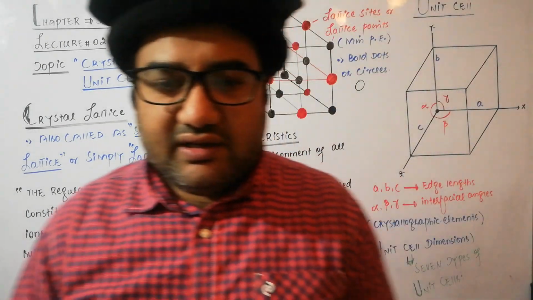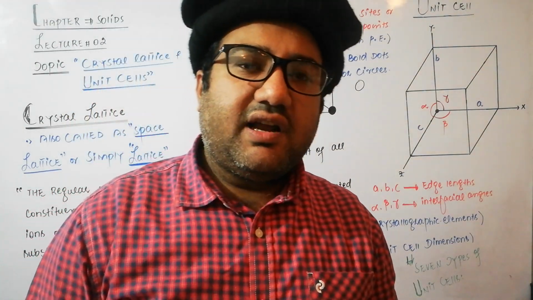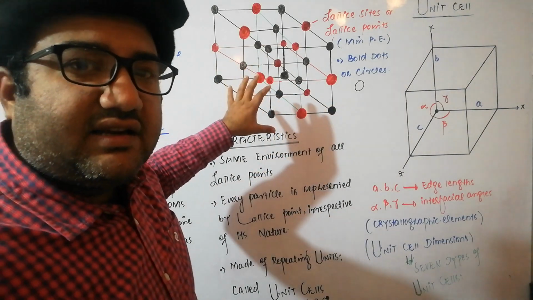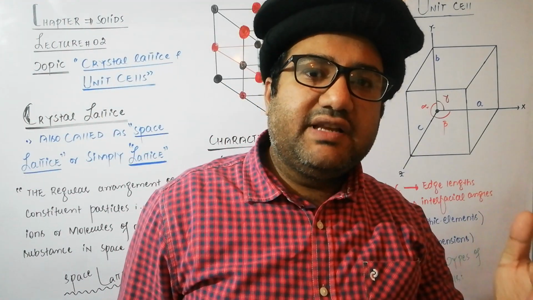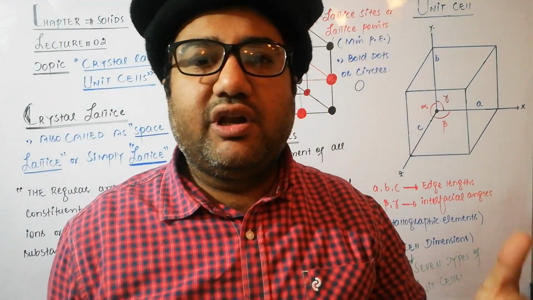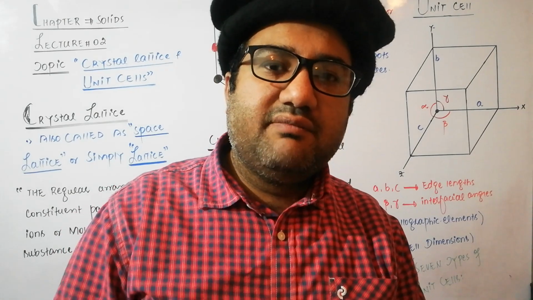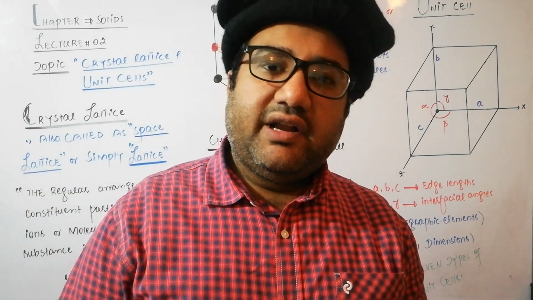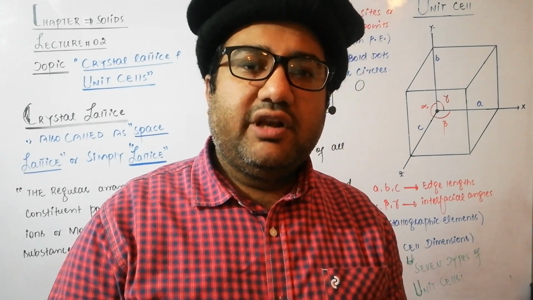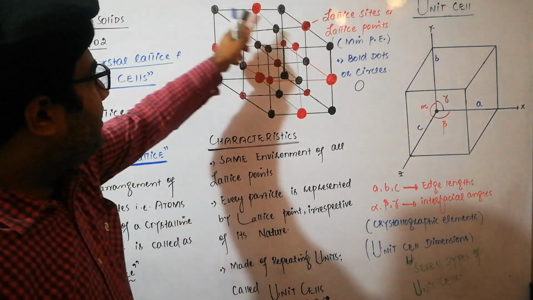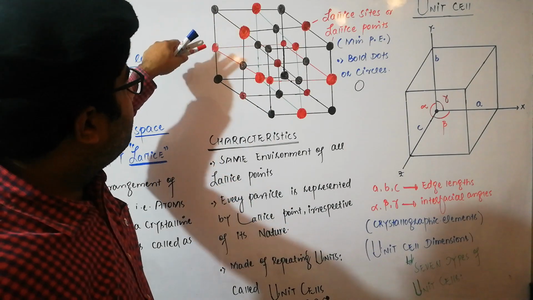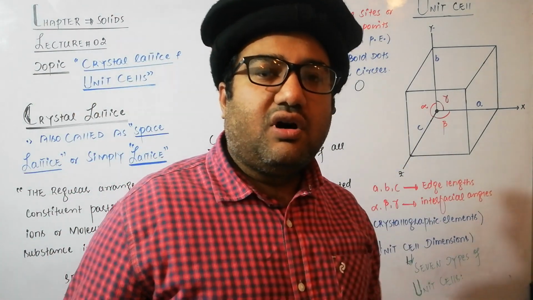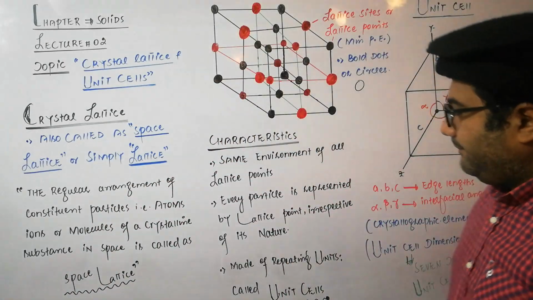It is not like if atoms are there then these are the points, and if ions are there then these points are replaced by something else, and in case of molecules they are crosses. No, all particles, whether they are atoms, molecules or ions, will be shown like these bold dots or circles. All are represented in the same manner.